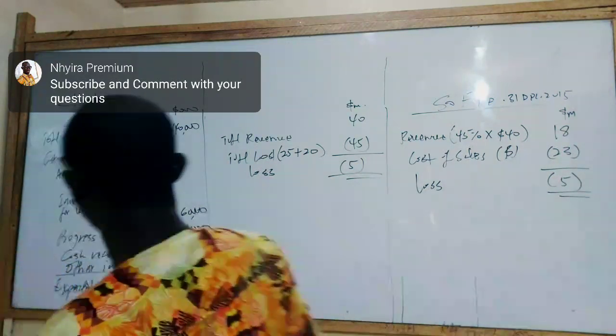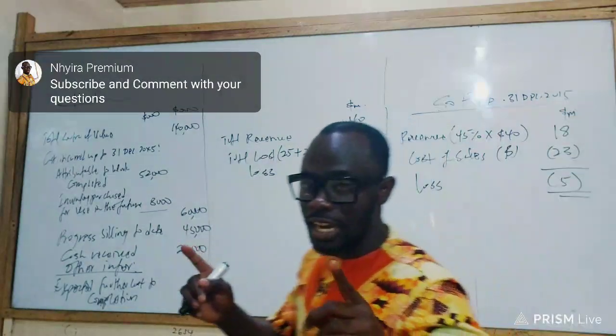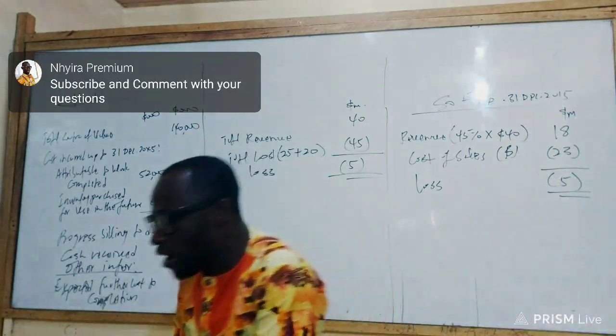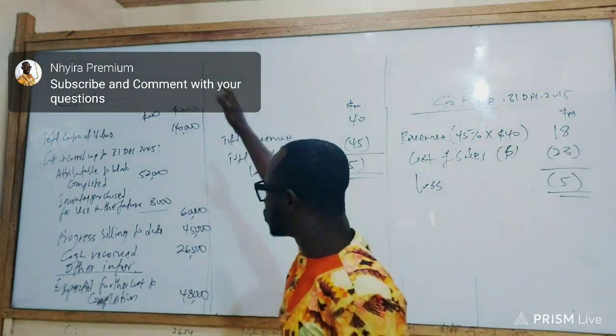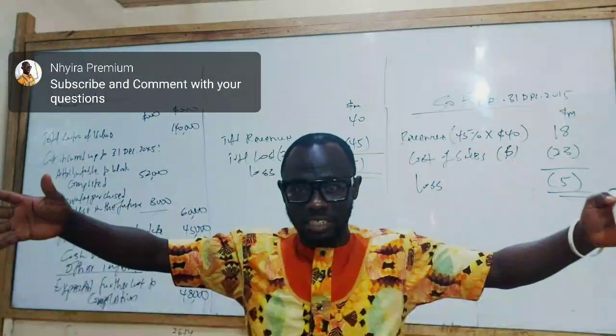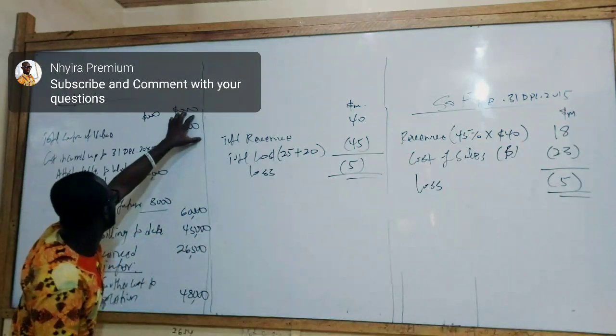So what are we seeing here? In the books of Noah, remember, they started the contract when? 1st January 2015. And we are preparing the extract. This extract is as at 31st December 2015. So that's same year. Now, the total contract value is 140.